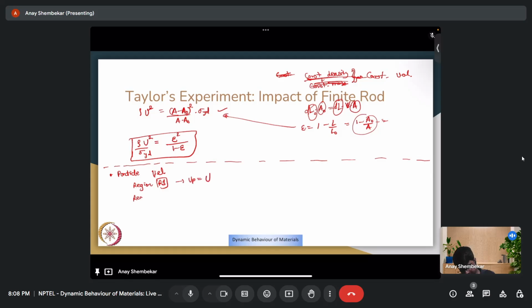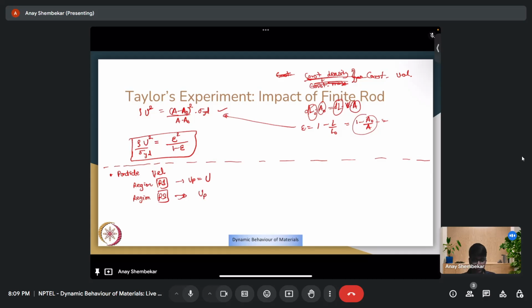If we take region R2, it lies behind the elastic wavefront, so there will be some stress, the stress wave will be traveling, and there will be some particle velocity associated with it.